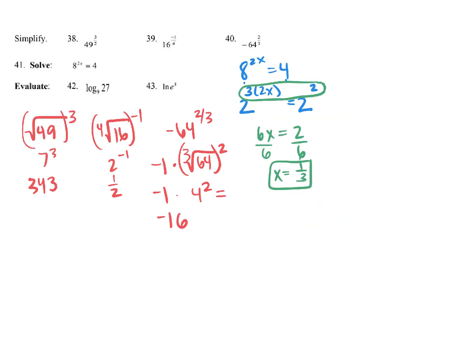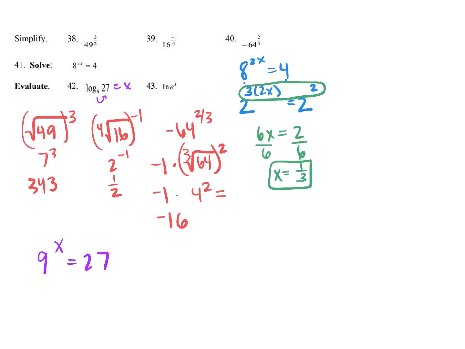On 42, you're first going to check to see, can 9 be raised to a power to give us 27? And the answer is no. If it can't be raised to a power to give us 27, then that means we have to rewrite it. So 9, that's our base, raised to the exponent x is equal to 27.